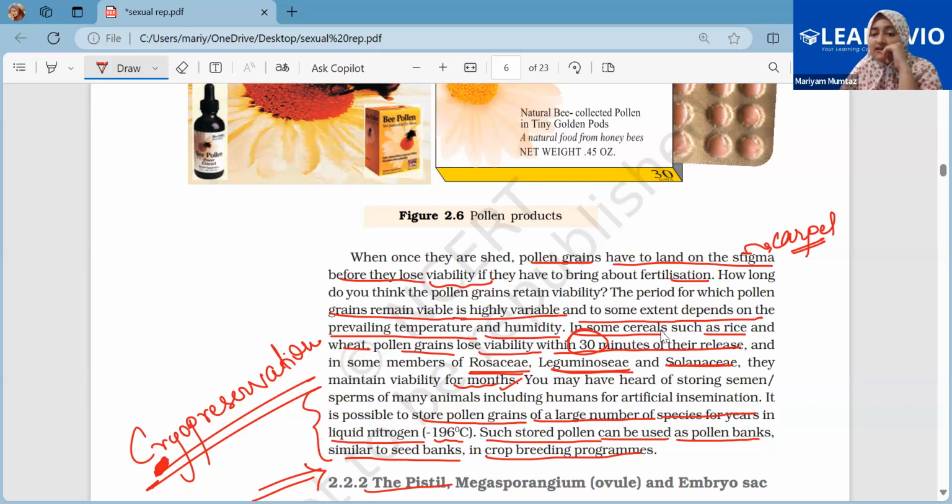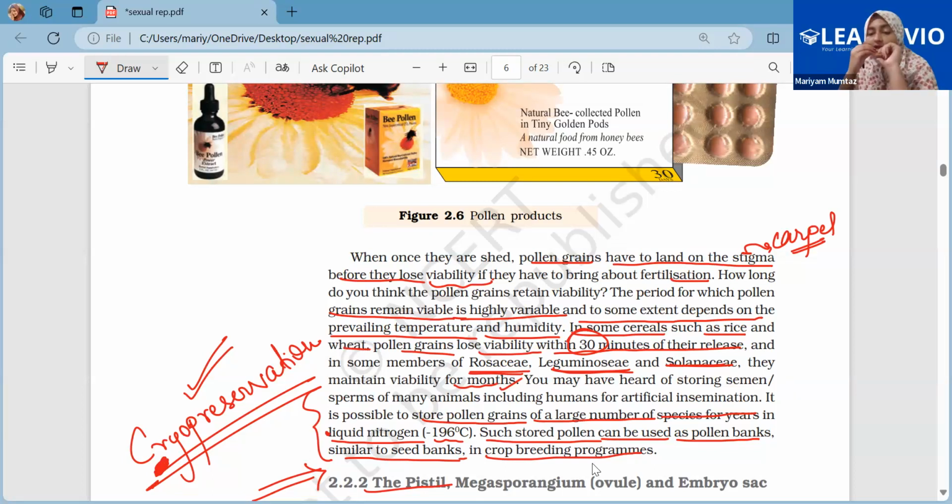This method of storing pollen grains is done in liquid nitrogen at minus 196 degrees Celsius, and it is known as cryopreservation. Such stored pollens can be used as pollen banks, similar to seed banks.